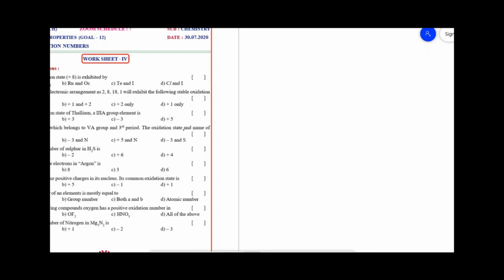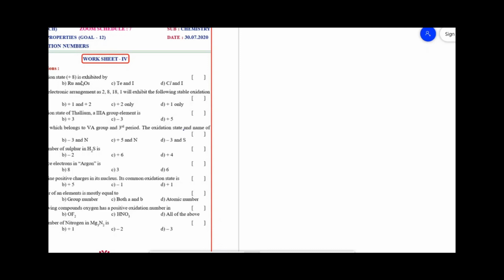Next, let us do some objectives on oxidation numbers. Maximum oxidation state is exhibited by? Generally, the highest oxidation state is exhibited by the elements osmium and ruthenium.